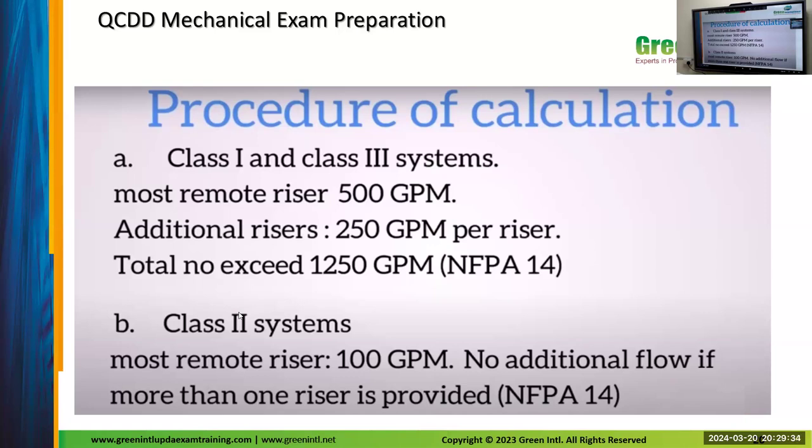Okay. So for class 1, class 2 and class 3 systems, the most remote riser will have 500 GPM, and each additional riser will have 250 GPM per riser. The main consideration is that it should not exceed 1250 GPM.